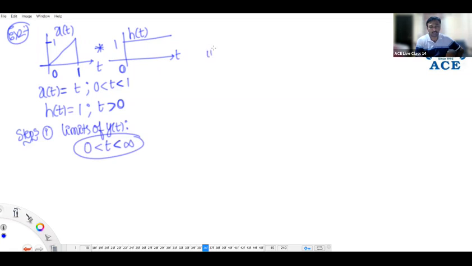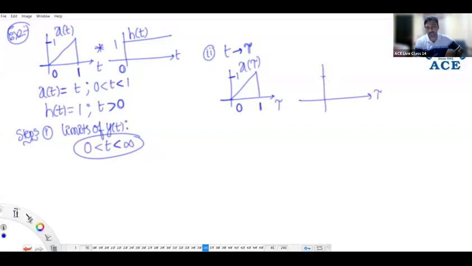Second step is change of axis from t to tau. X of tau with respect to tau. H of tau with respect to tau. Next is folding.